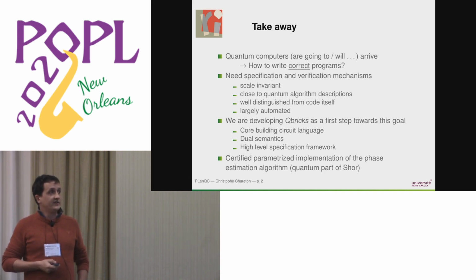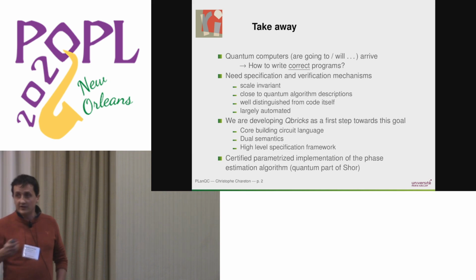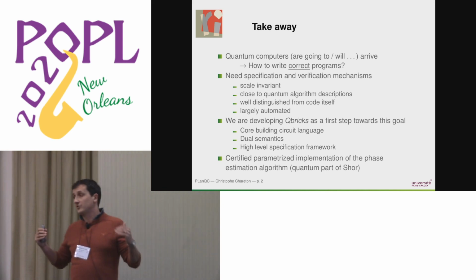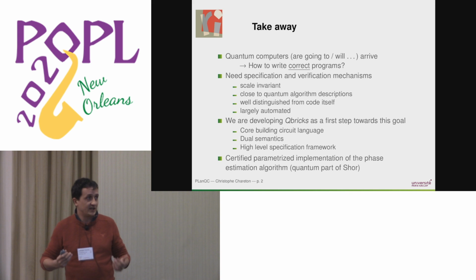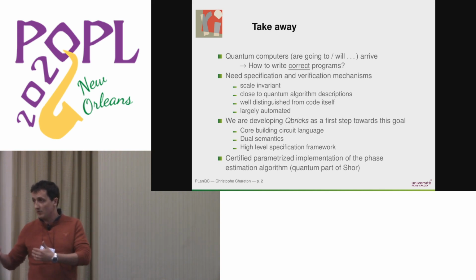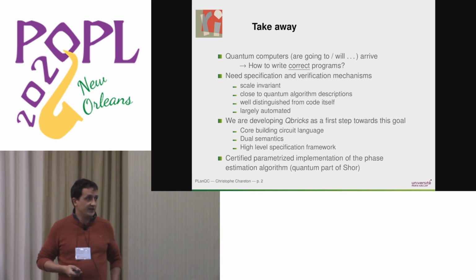So for all this, we are developing a core circuit-building language called Qbricks, and that comes with some semantical means, that are some means to interpret the terms of the language as mathematical objects. This enables us to introduce a high-level specification framework and verification of these specifications.